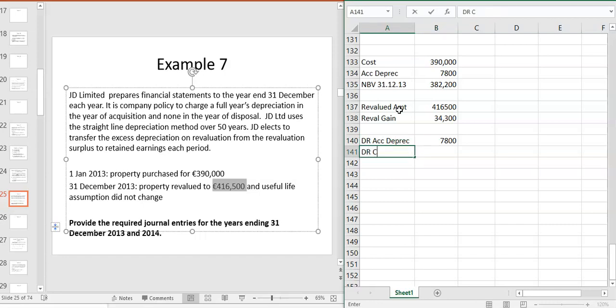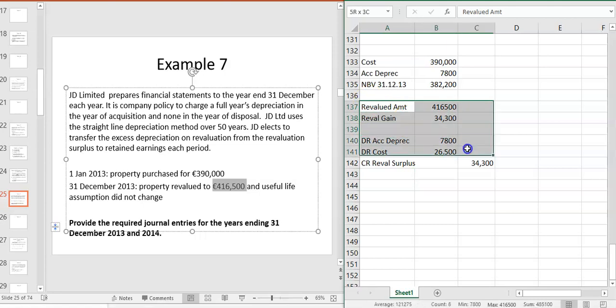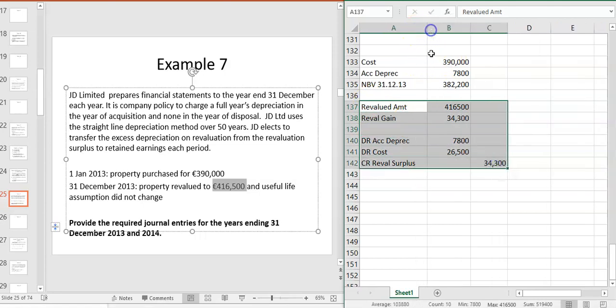You're going to debit the cost account to bring it from 390 up to 416,500. And you're going to credit the reval surplus, 34,3. Right? There's nothing difficult there. First time revaluation upwards. And that's all in 2013. All of those accounts are starting.